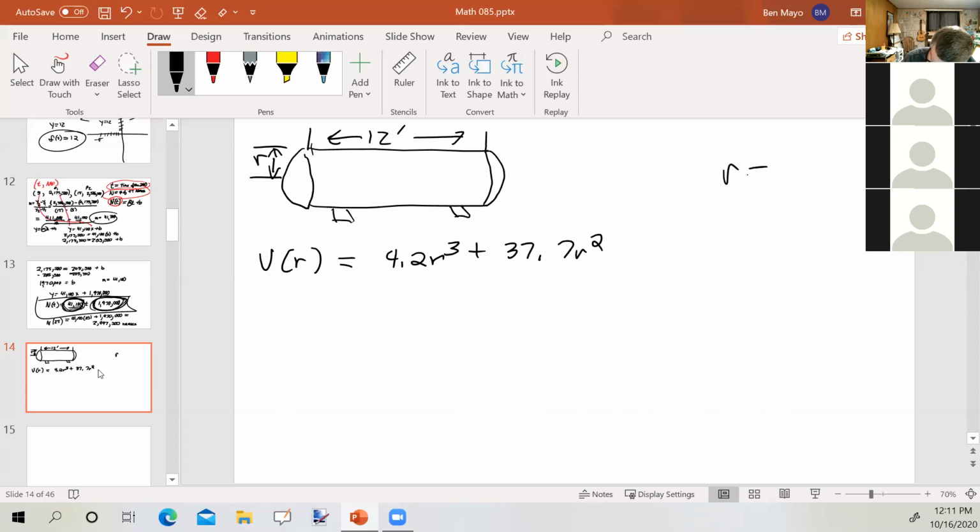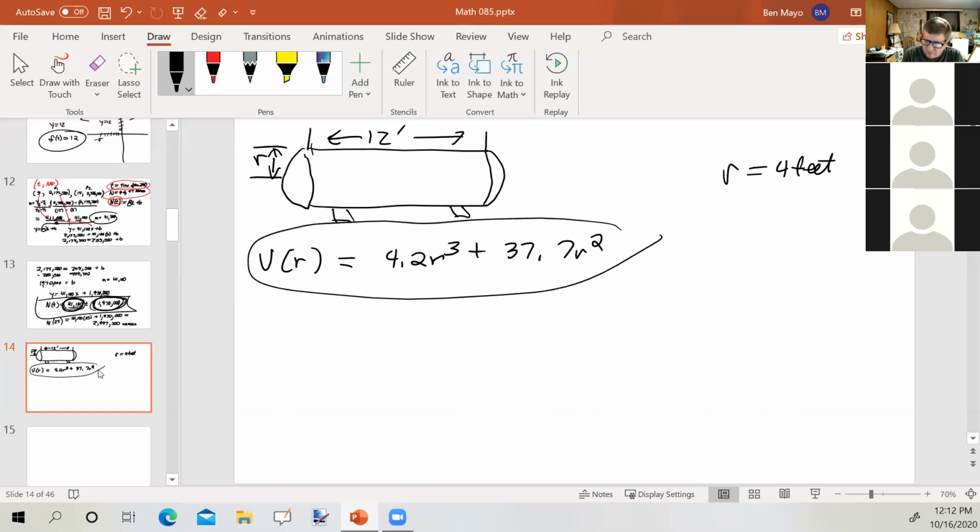So now, realistically, you don't even need the drawing. It's just kind of helping you see things. But what they're saying is this function describes the volume of that tank. R stands for the radius. We're told specifically that R is 4 feet.